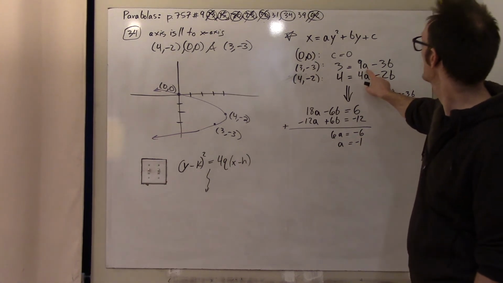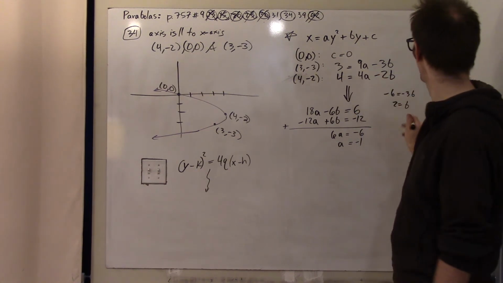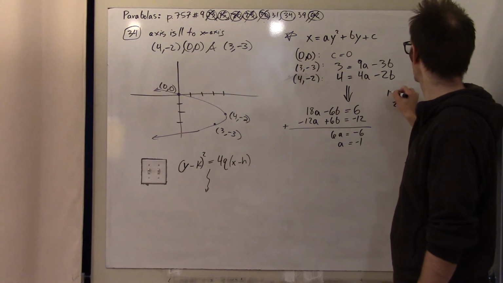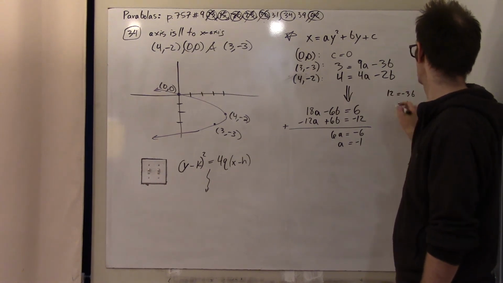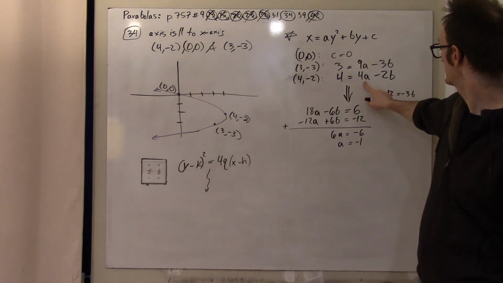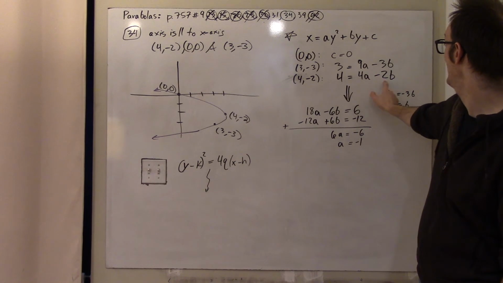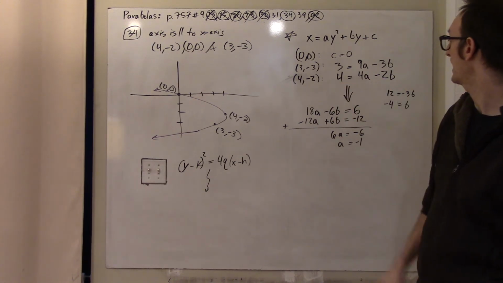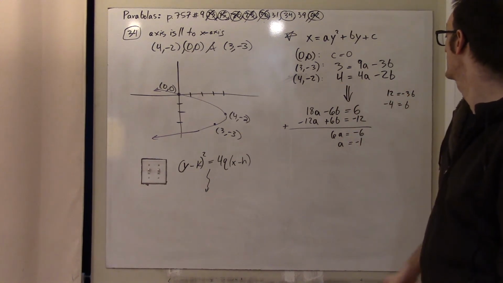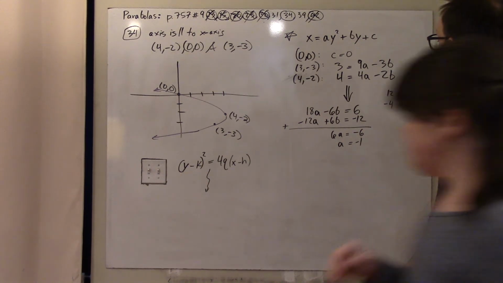If a is negative 1, that's negative 9, add 9, so 12 equals negative 3b. So b is negative 4. Let's see if that checks out. Negative 4 and 8 is 4. Yeah. And negative 9 and 12 is 3. So there we go. a is negative 1 and b is negative 4.